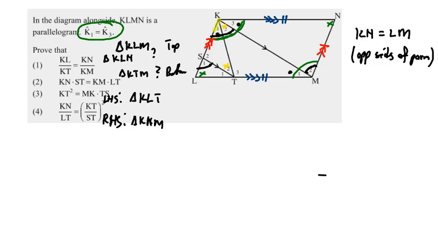KLT. There we go. Now what's the next triangle? KNM. Let's highlight that triangle. KNM, it actually exists.